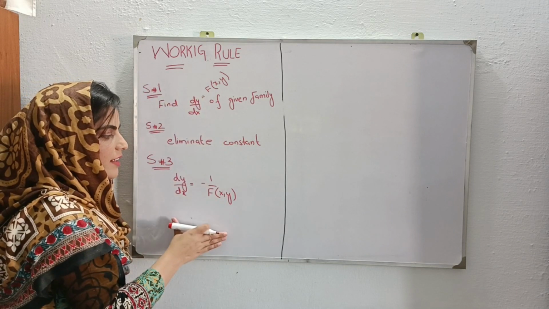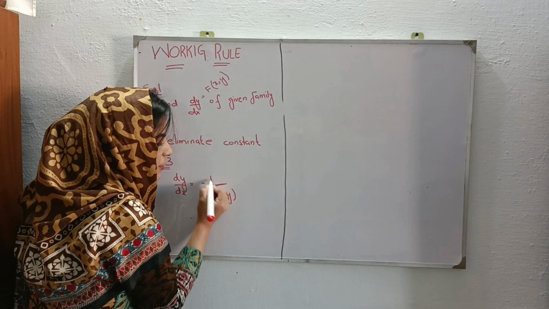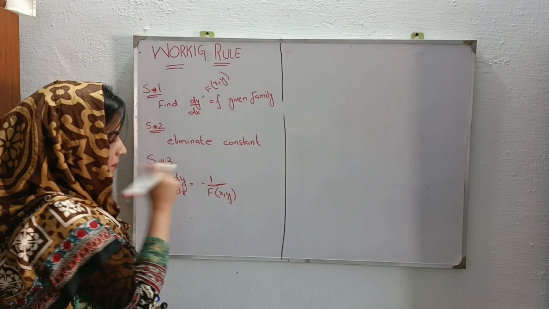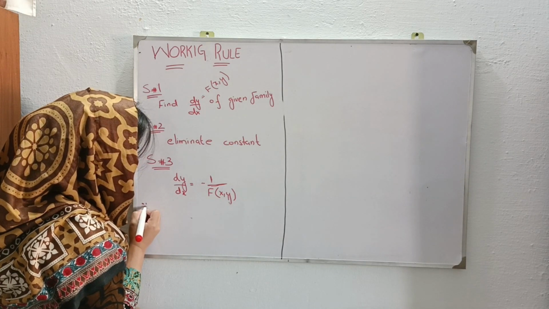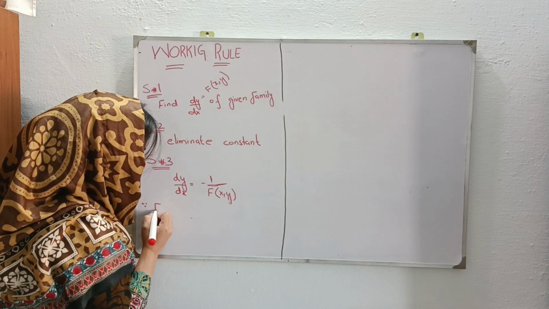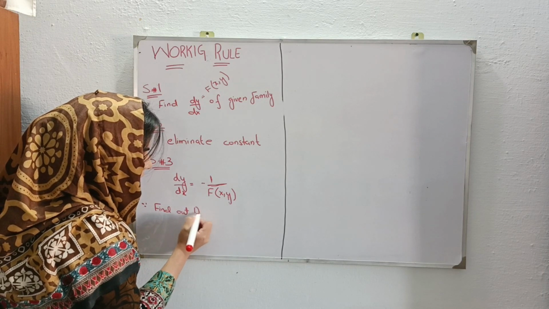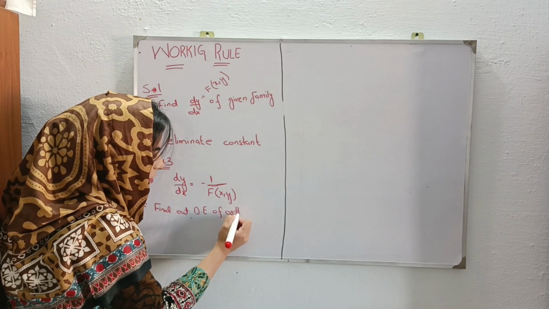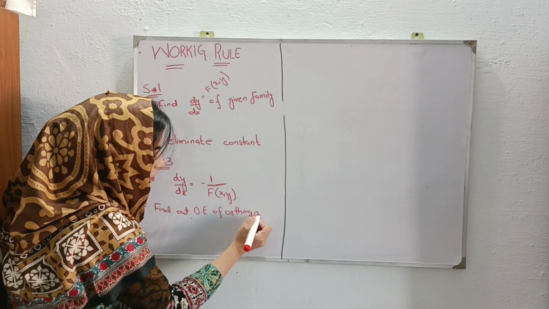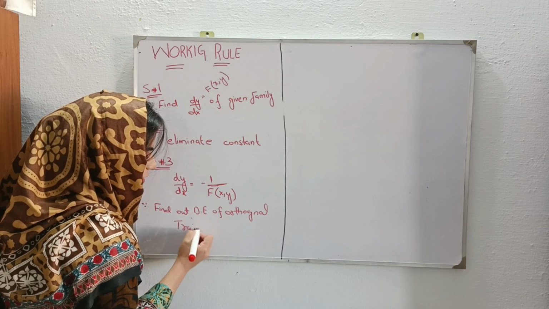So basically these are the 3 steps you have to do. Let me write it clearly. I will mention here that in this step, you have to find the differential equation of the orthogonal trajectory.